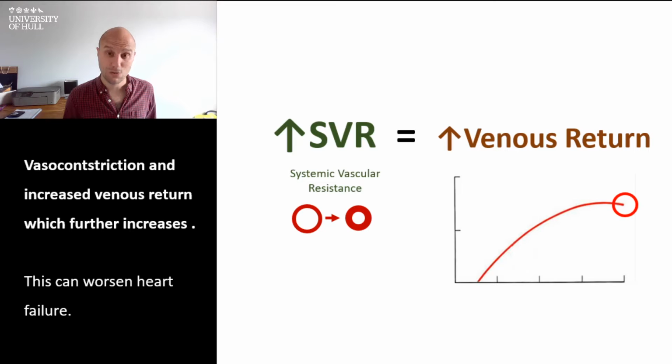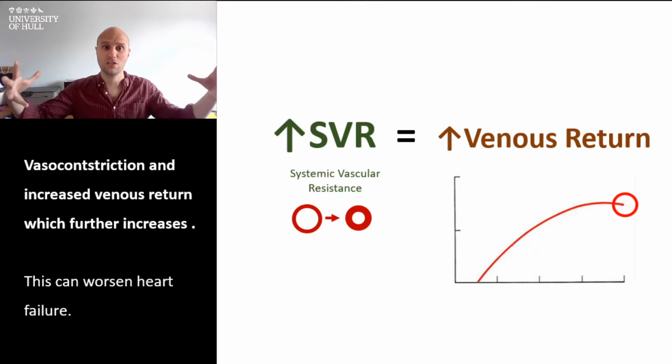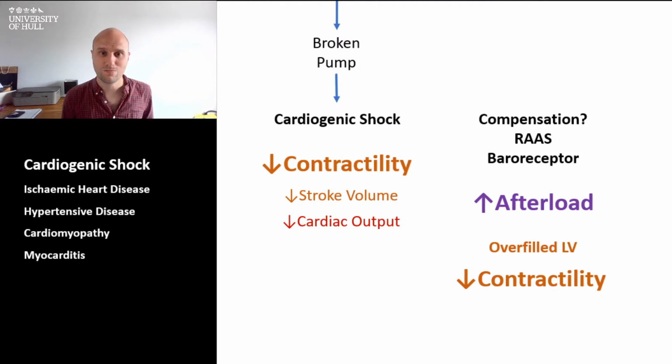And as we just mentioned before, if you've got blood being squeezed away from the peripheries, you increase your venous return, which in general is a good thing unless you've got a failing heart, at which point on our Frank-Starling relationship, we're over here, and actually that extra fluid isn't doing your heart any good, and making it work too hard, and it's overstretched and it's not contracting well.